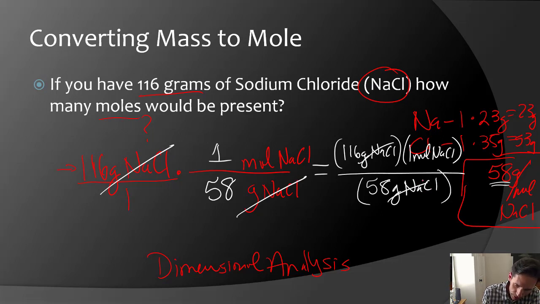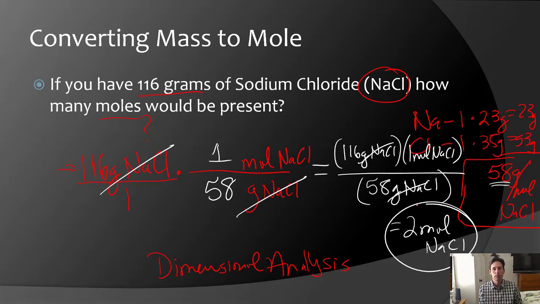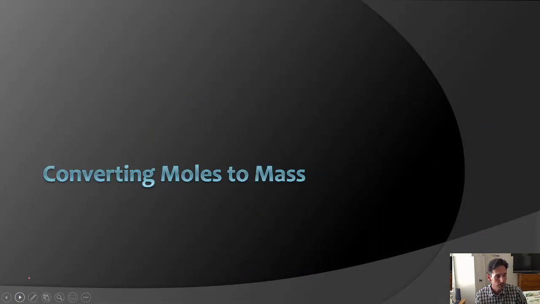Grams of NaCl cancel out, so it's 116 times 1 divided by 58, which, by the way, ladies and gentlemen, comes out to be 2 moles of NaCl. That's how we get it: in 116 grams of sodium chloride, there are 2 moles of sodium chloride. That's one. We've got a couple more to do.